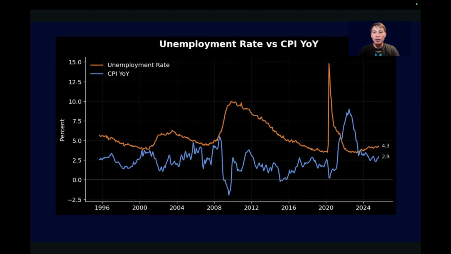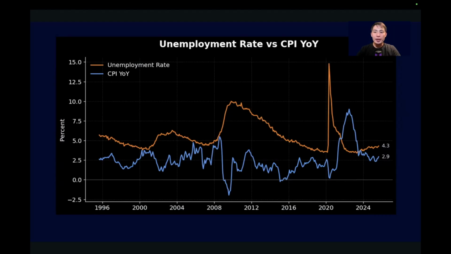The Fed's target is 2% inflation rate measured by the PCE, which is slightly different but is released later in the month. So we have the inflation data for CPI already, so we're going to use that here. So CPI 2.9% year on year is actually not that close to the Fed's 2% target.